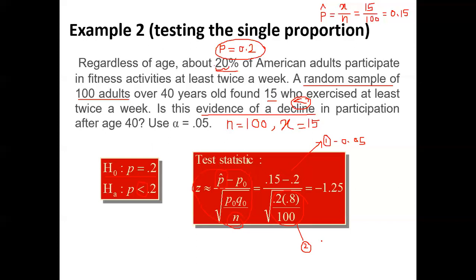The third step, when you get the value in the second step, you square root the answer. When you square root the answer in the second step, then you will get the value 0.04.